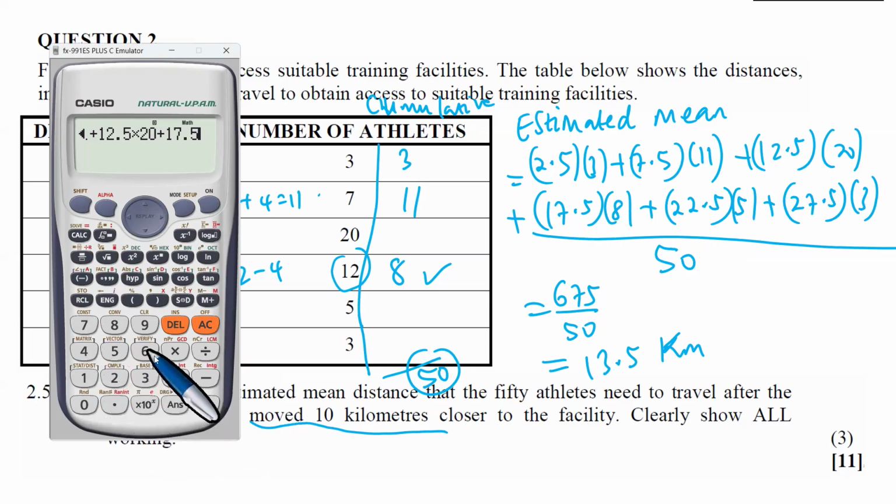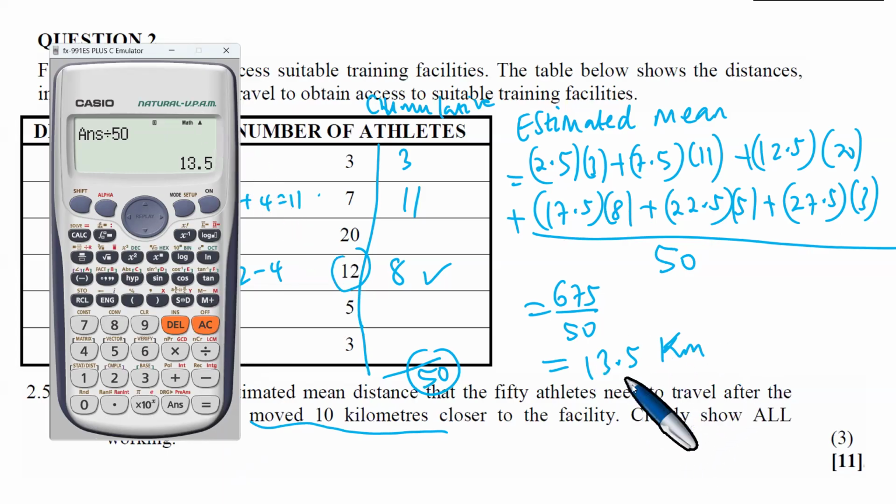I'm just doing this: 17.5 by 8 plus 22.5 by 5, 27.5 by 3. Okay, we got 675. How many athletes are there? There are 50. So you divide this 675 by the total frequency. And then it becomes 13.5 kilometers.